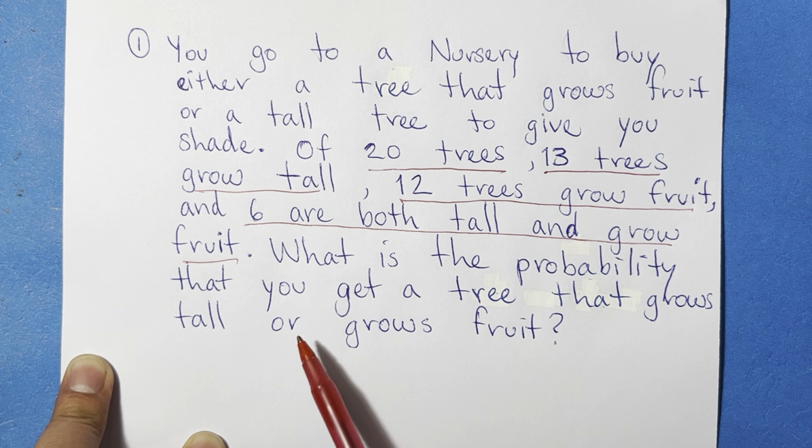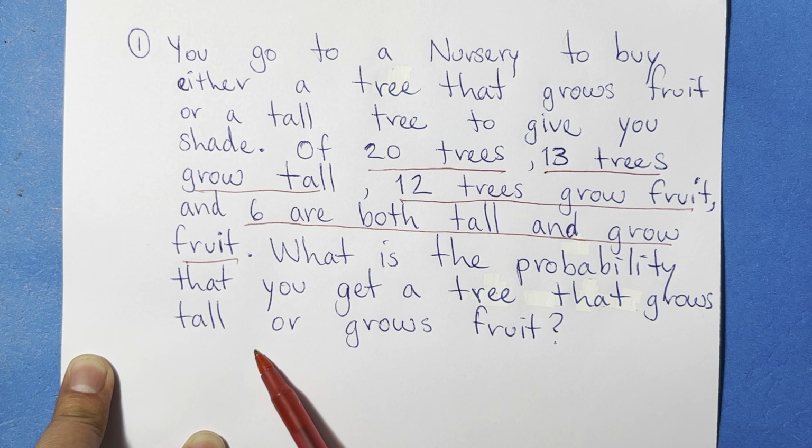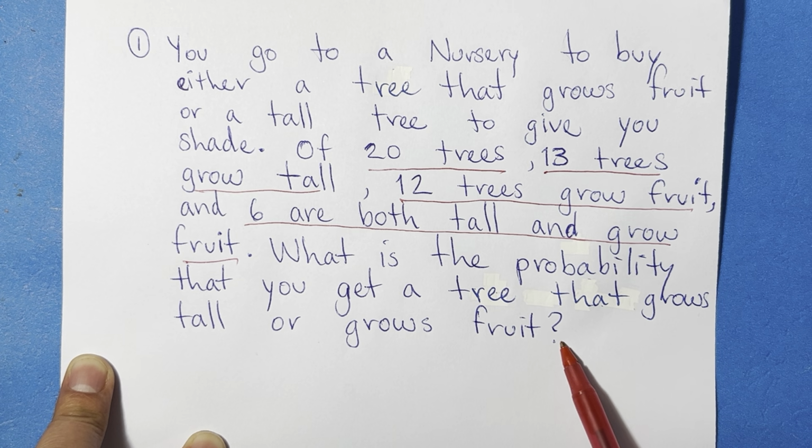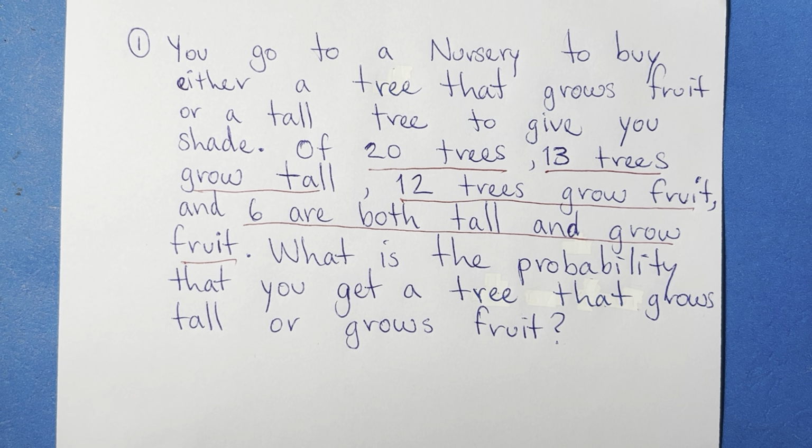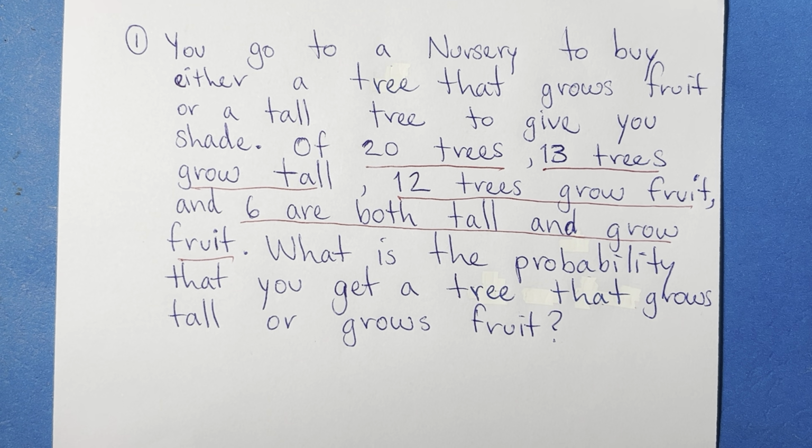What is the probability that you get a tree that grows tall or grows fruit? Again, you want those two choices, whatever comes, you will be happy with. And let's just pretend that you're sending somebody and you forgot to tell them, what is the probability that you will get what you want? You want either a tree that grows tall or grows fruit, okay? And if you get both, well, even better.